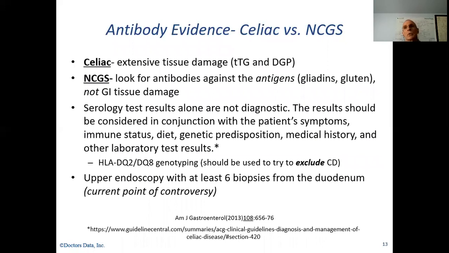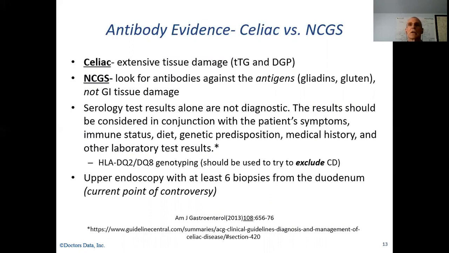Now, it's important to appreciate that serology test results alone are not diagnostic. The results should be considered in conjunction with the patient's symptoms, immune status, diet, genetic predisposition, medical history, and other laboratory test results. Now, the HLA-DQ genotyping should be used to exclude celiac disease.